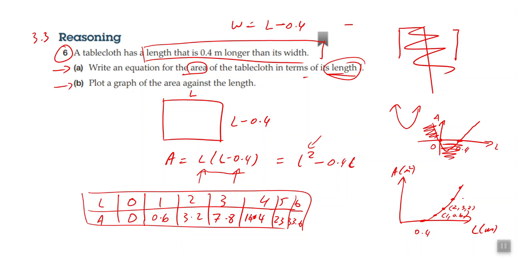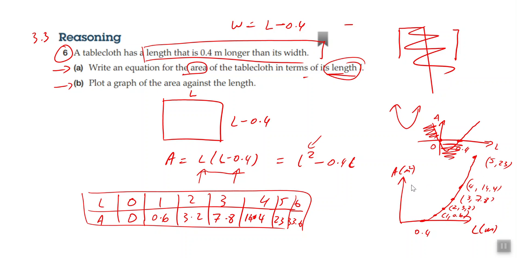Now, obviously, you've got graph paper, so you'll do a much better job. Mine's not to scale, unfortunately. And we've got 4 and 14.4, and 5 and 23. As you can see, you get the idea of how this works.